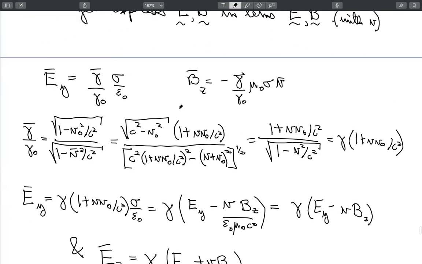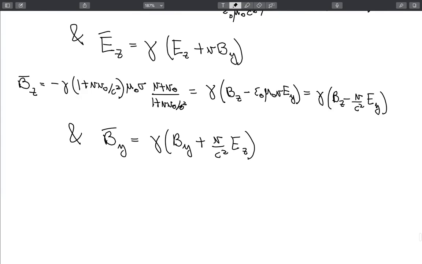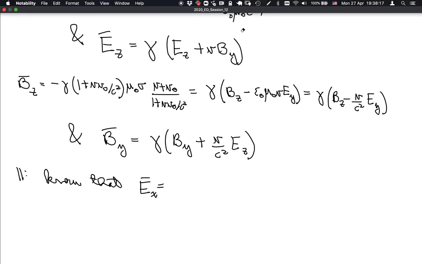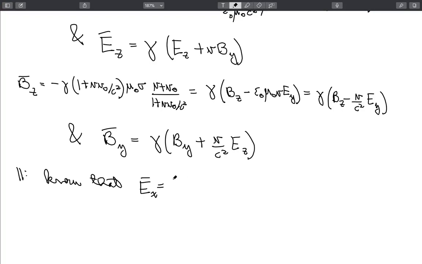Okay, so for the parallel components, we already know that the parallel electric field is the same. So therefore, E bar x is equal to E_x.